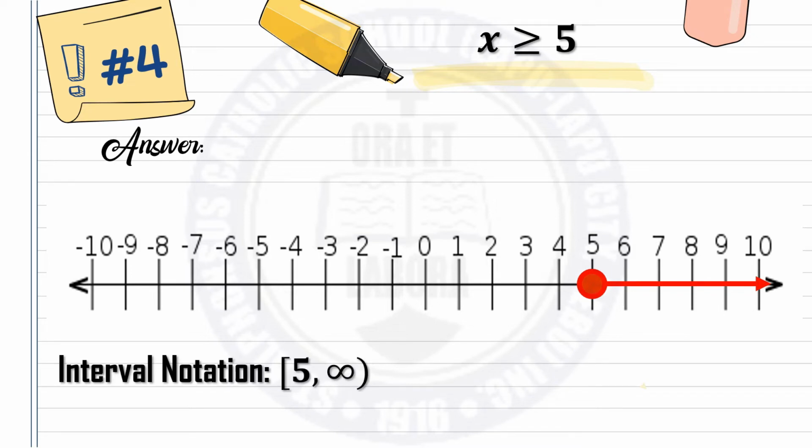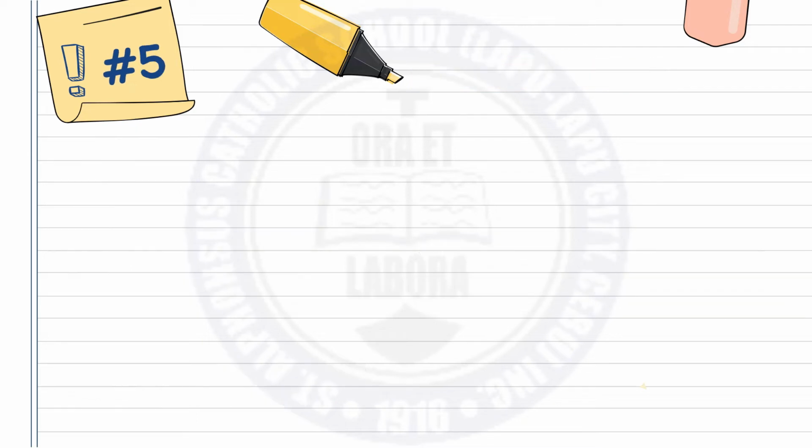So the interval notation would be from 5 to infinity. Don't forget, 5 is included. That's why we are using a bracket here. Take note, we are going to use brackets if the indicated number is included.